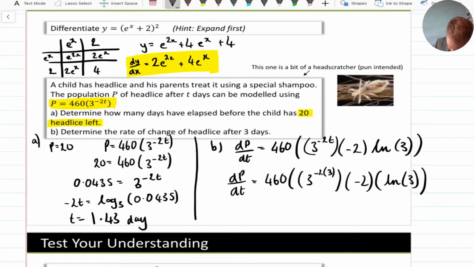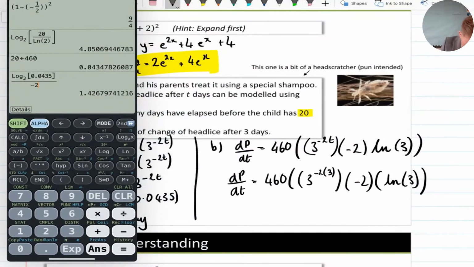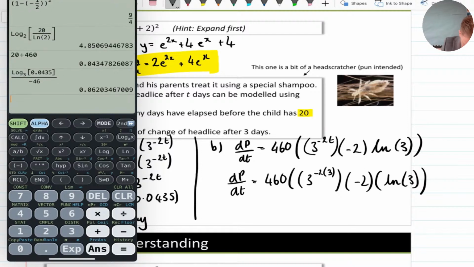So let's type all of that into my calculator. 460 times by 3 to the power of negative 2 times by 3, close that bracket, times by negative 2 times by ln of 3.